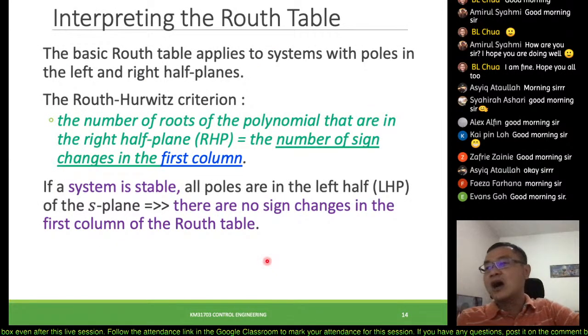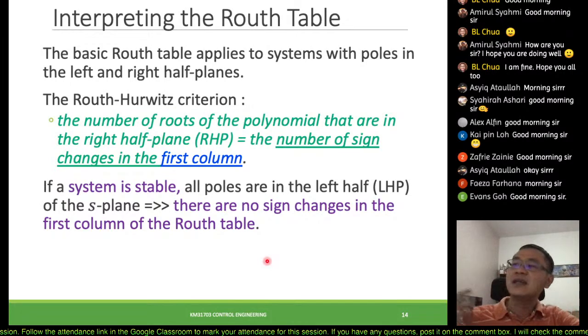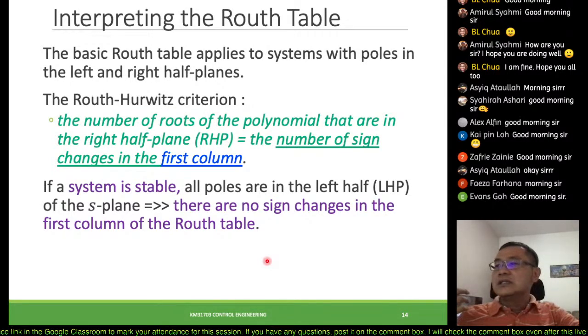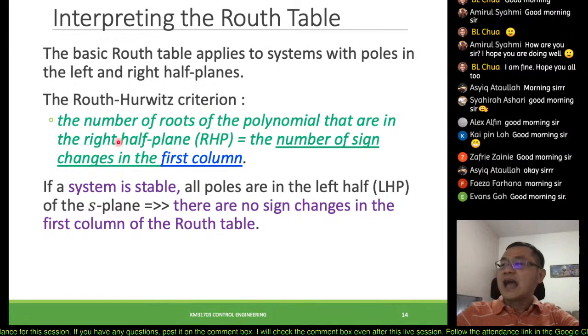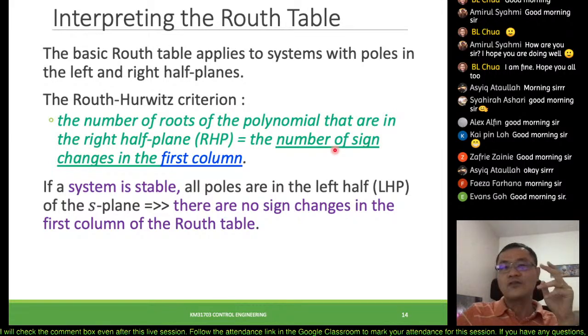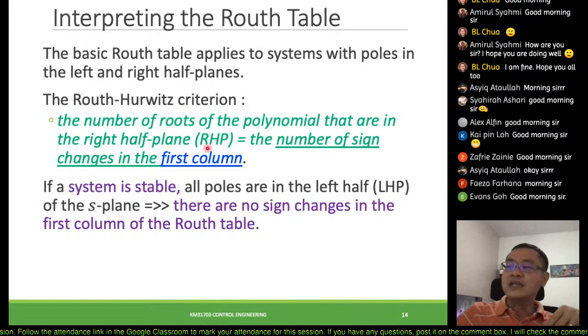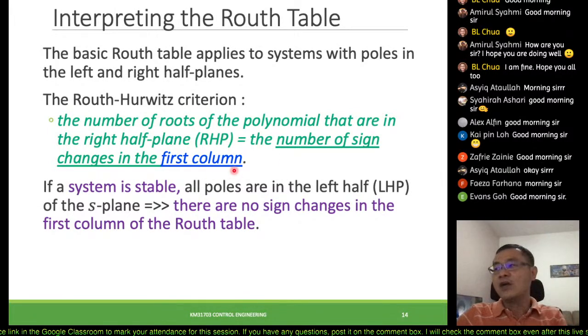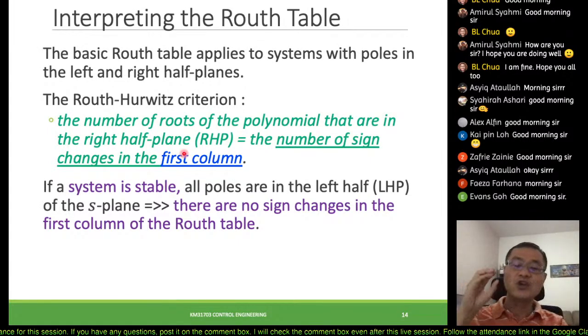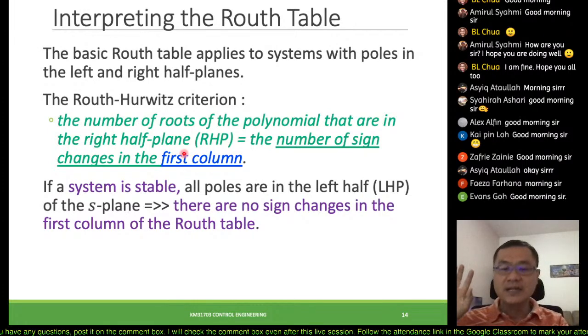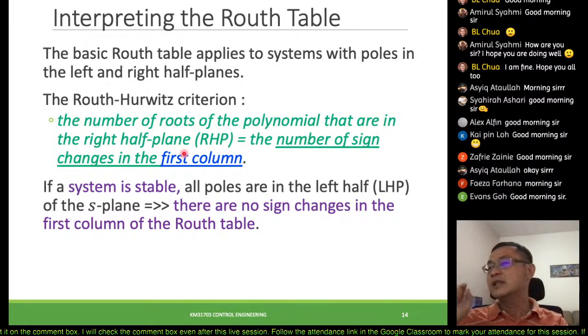The Routh-Hurwitz criterion identifies that the number of roots in the right half plane depends on the number of sign changes, from positive to negative or negative to positive, in the first column of the rough table. If we know how many times it changes, then we know how many poles are lying on the right half plane. That is the main idea.